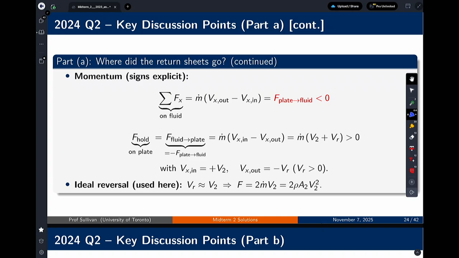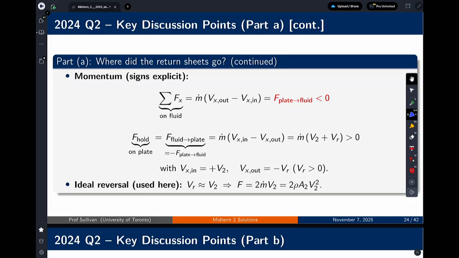The force on the fluid is m dot times vx out minus vx in, so the force of the plate on the fluid is less than 0. The force of holding the plate equals negative the force of the plate on the fluid. And so you could say m dot times vx in minus vx out is m dot times v2 plus vr.